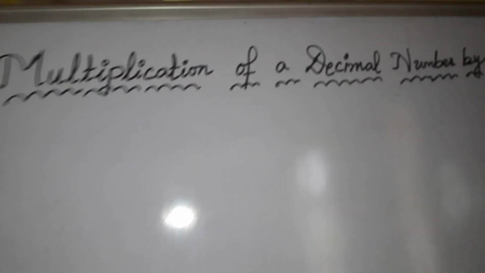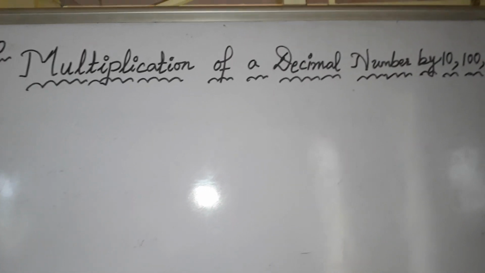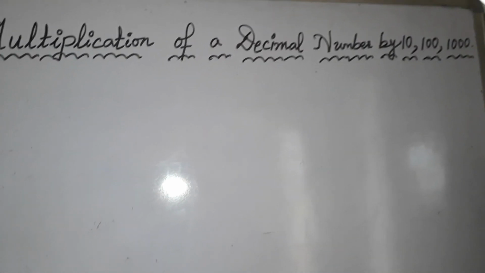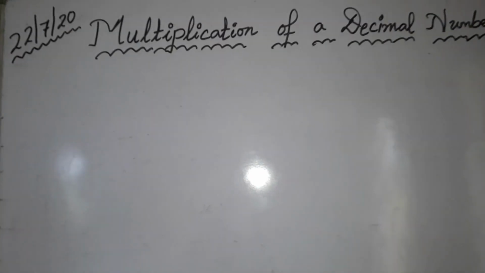Now you always remember that when we multiply numbers, we multiply a bigger number by a smaller number. That bigger number is called the multiplicand, and the smaller number is called the multiplier. So let us take an example.